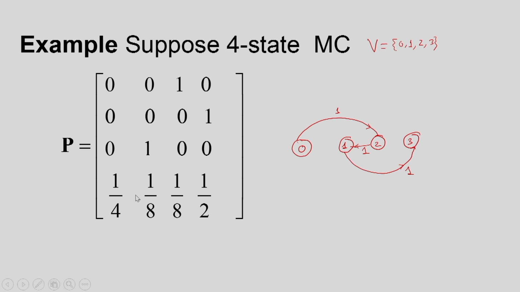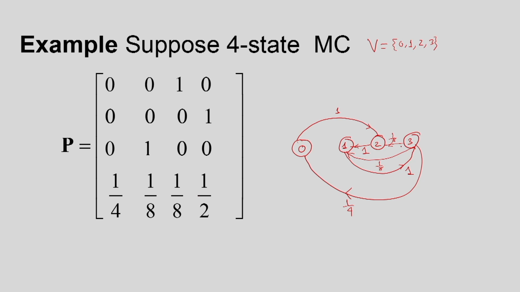And then from state 3, we have a transition to state 1 with probability 1/4, and also a transition to state 2 with probability 1/8.